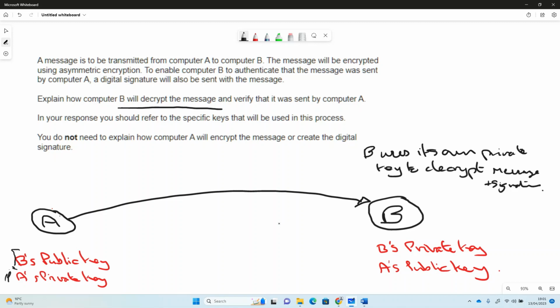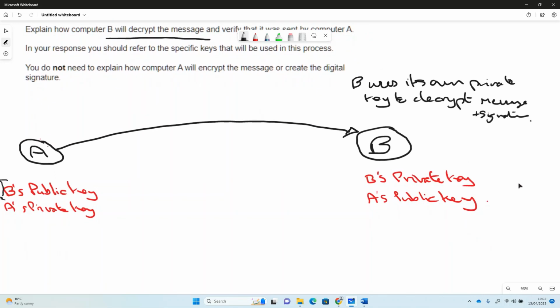So in order to decide whether this message actually came from A, as it suggests, i.e. verify the digital signature, then we need to create a new message digest or a hash.